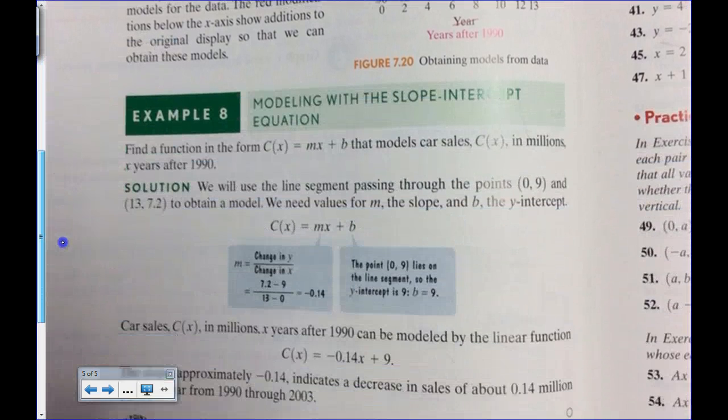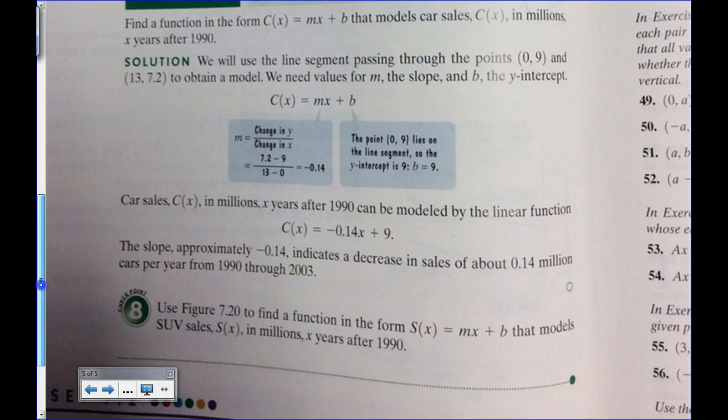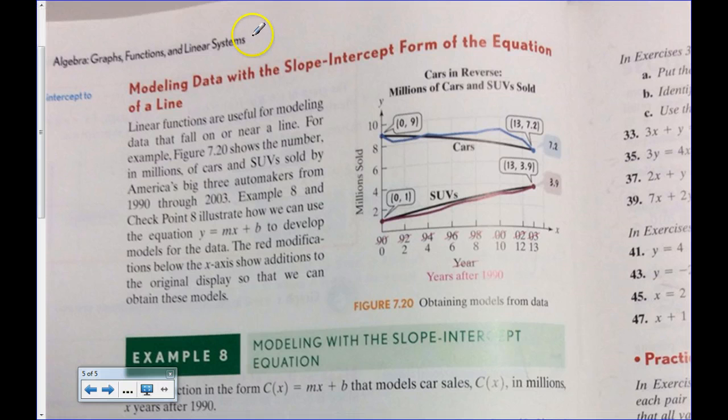So the question we're going to look at here, it says, use this figure to find a function in the form S of x equals mx plus b that models the SUV sales, okay? So let's look at the SUV sales again. How would I put that in the function y equals mx plus b?